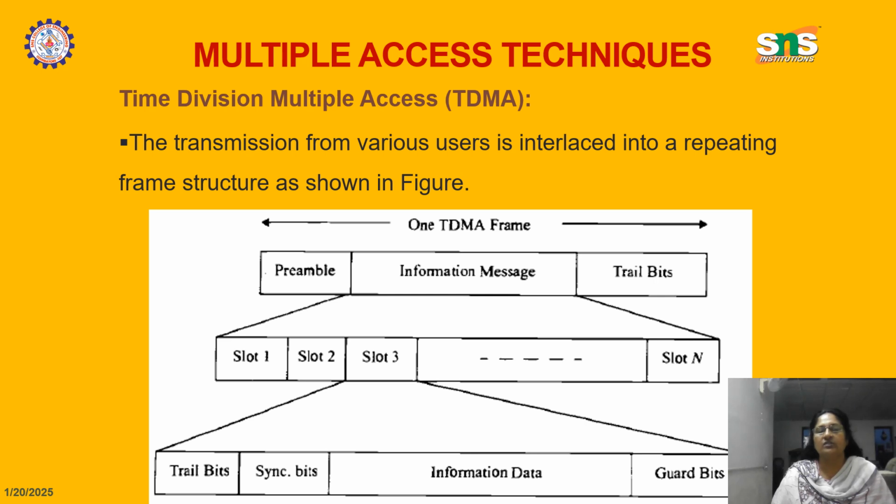Each slot in the frame has trail bits, sync bits, information bits, and guard bits. Other than the information data, all the other bits are called overheads. So overheads are required for transmission from one node to another.